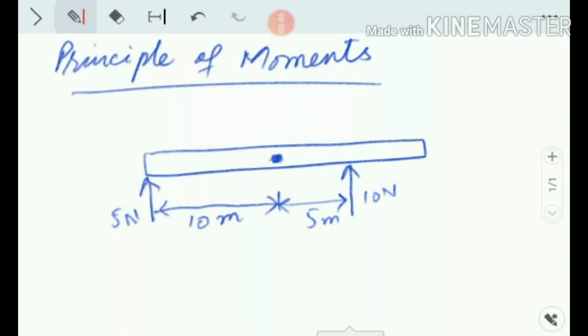Now what will be the torque on either side?